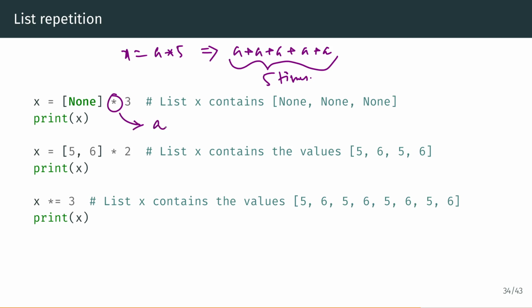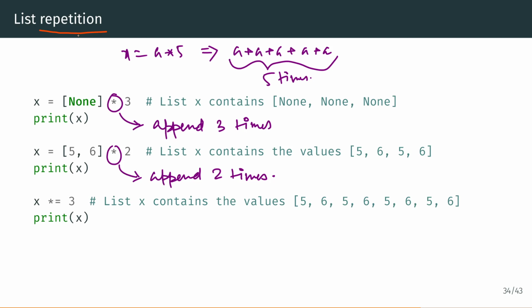If it's 2, it means append twice. Just like in algebra, multiplication is nothing but addition with itself. In the case of lists, instead of multiplication, we'll just call it repetition, because it's not really multiplication. You're repeating the same thing again and again.